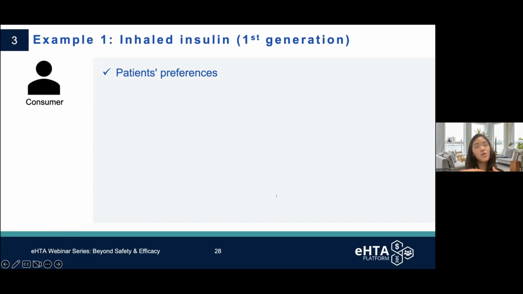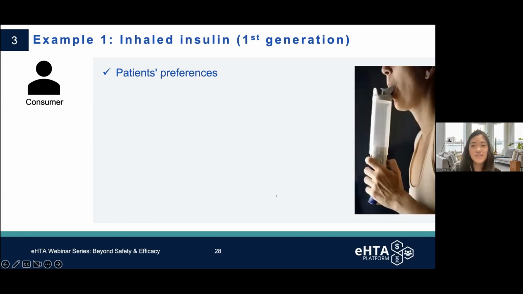Patients will have their own set of values when making a decision on which treatment to get. And it's important for us to understand which values play a huge role for the patient when making those decisions. So before I tell you what patients felt about the product, let me show you what Exubera looks like. So this is Exubera.